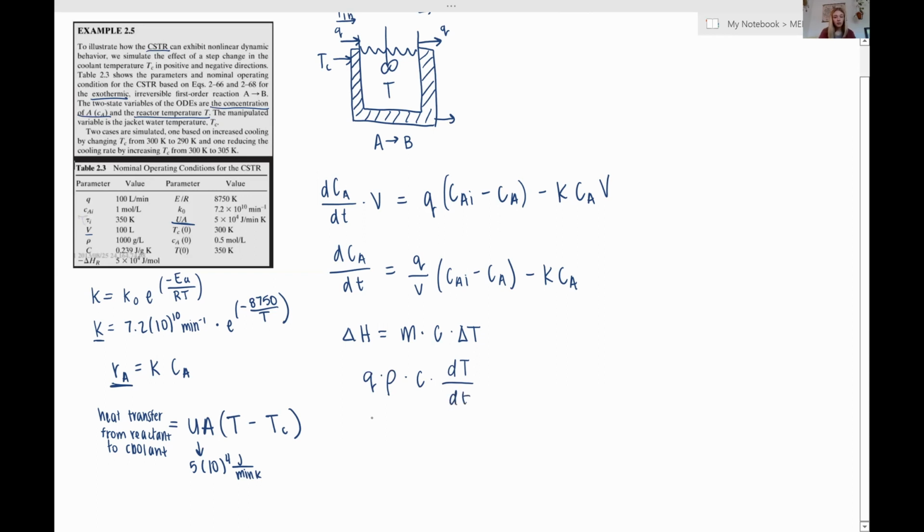So just to check our units, we're going to have Q as liters per minute, rho as grams per liter, our specific heat as joules per gram Kelvin, and our change in temperature over time is going to be kelvins per minute. So our liters cancel, grams cancel, and kelvins cancel.